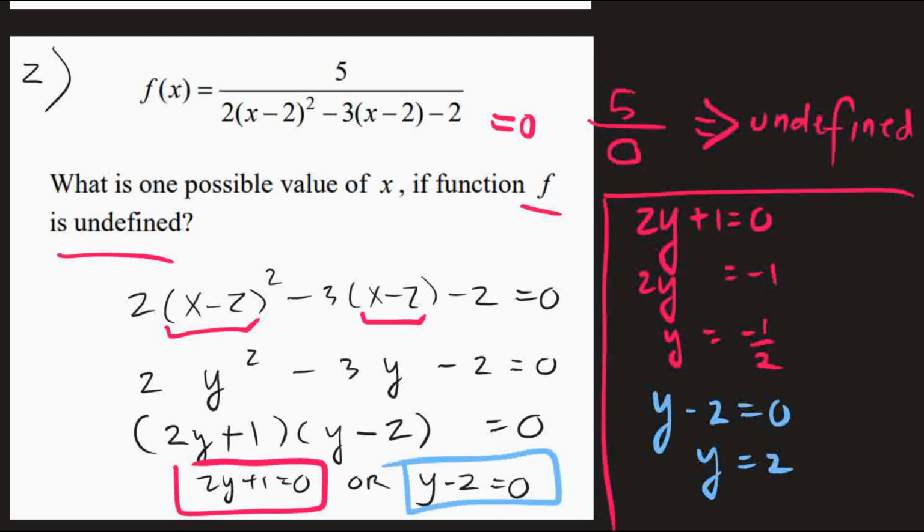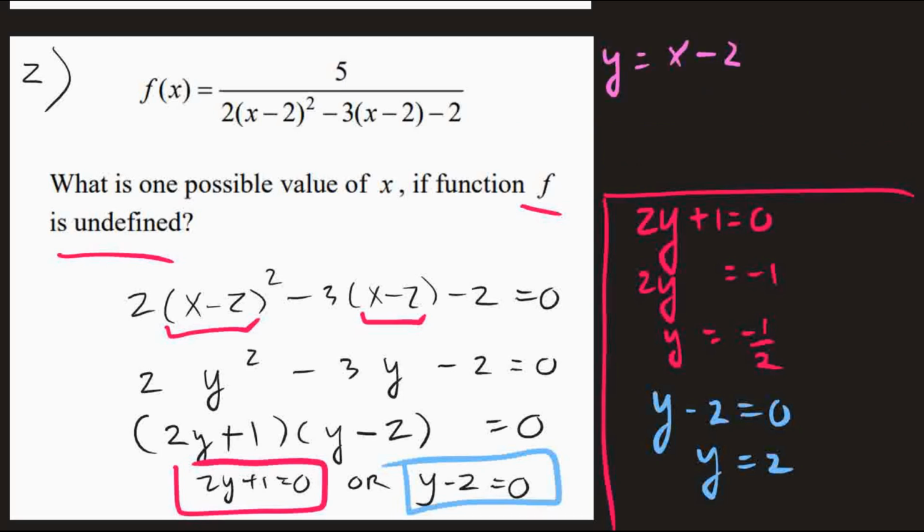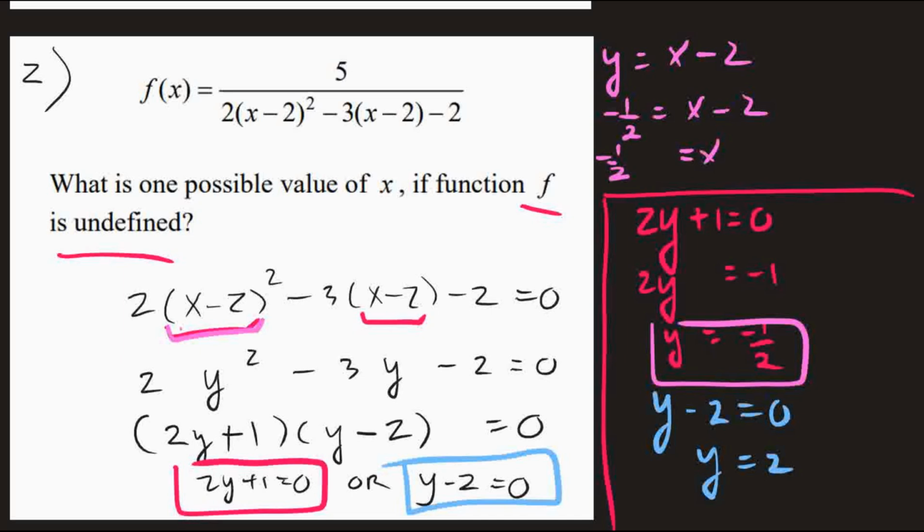So now y is actually x minus 2. So if y equals negative half, equals x minus 2, so x is equal to, I move negative 2 to the left, so I got minus half plus 2.